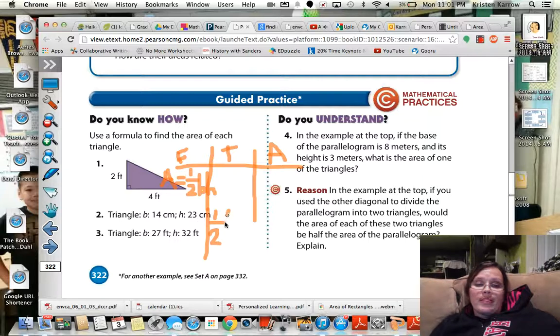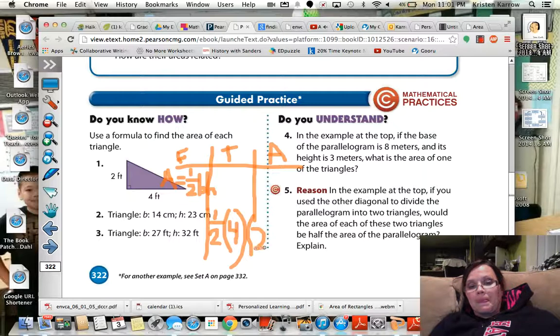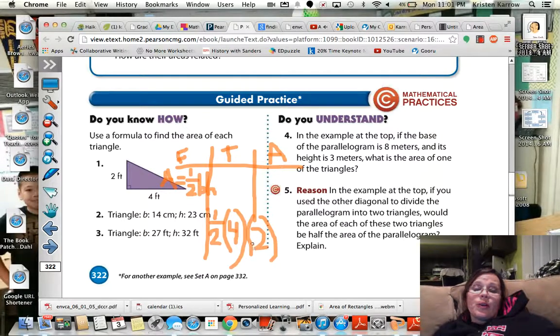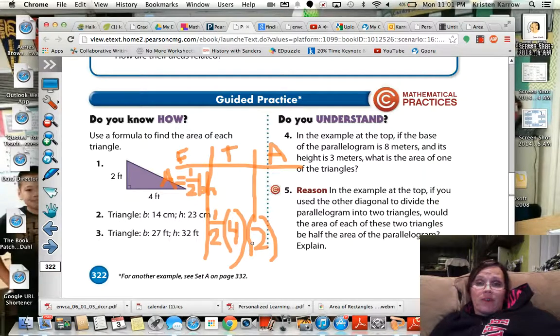And I use parentheses to separate to show me that I am multiplying. 4 times the height, which is 2. And you see that over here. Times 2. Okay, and then I continue to work, but I have to follow my order of operations.